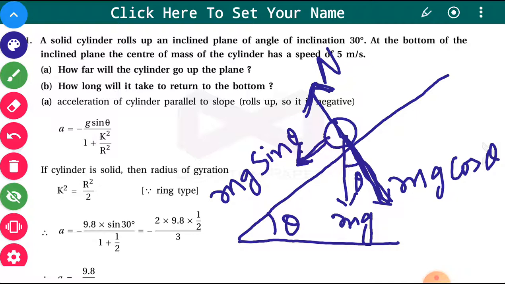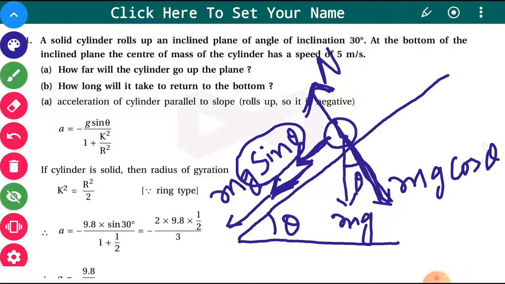So the effective value of gravitational acceleration in this direction, parallel to the inclined plane, is g sin theta, not g. So g sin theta is the acceleration in the downward direction.